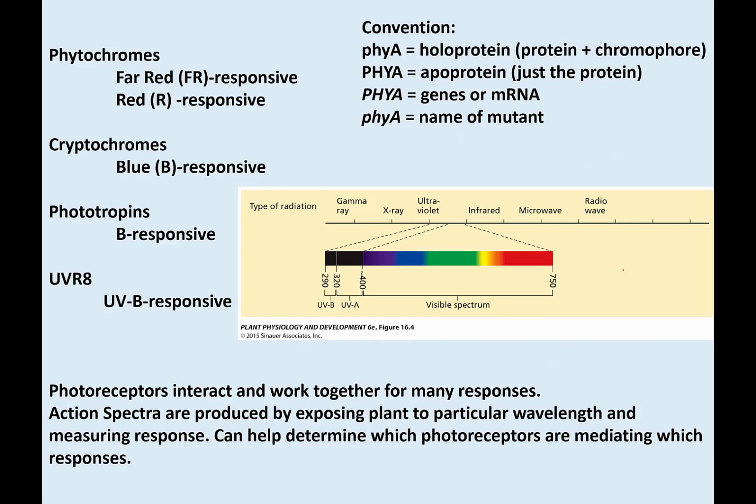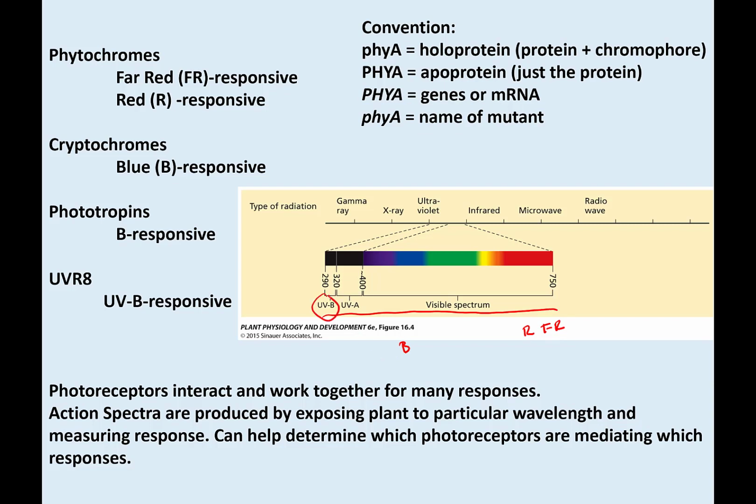Now, a number of photoreceptors have been isolated, and I just want to introduce you to those. In today's lecture, we're just talking about phytochromes. Here is the visible spectrum, and you can see part of it is visible, part of it is UVB and UVA light. We're going to be talking about far red light, and we'll also talk about blue and UVB.